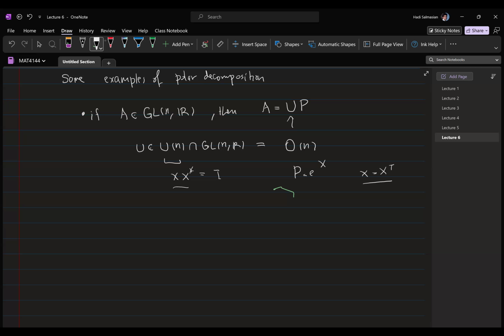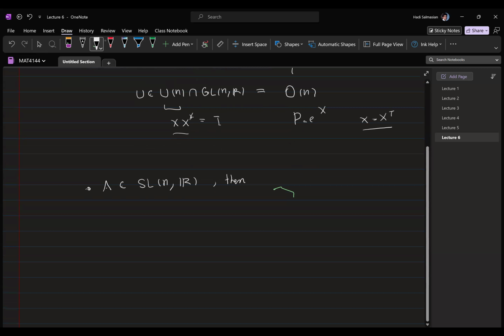Maybe one more example. If we take an element of SLNR, then when we write A as UP, what do we know about U and P?